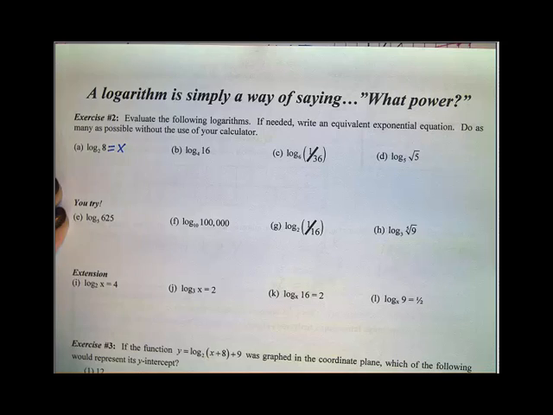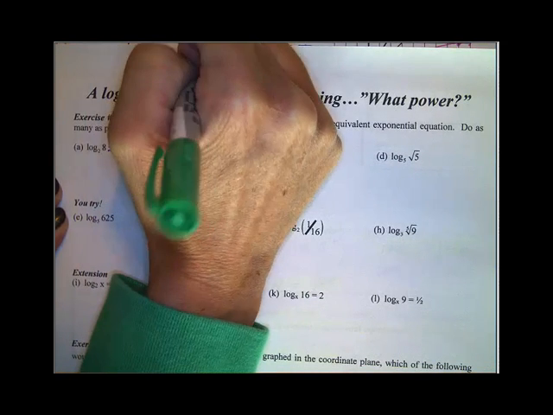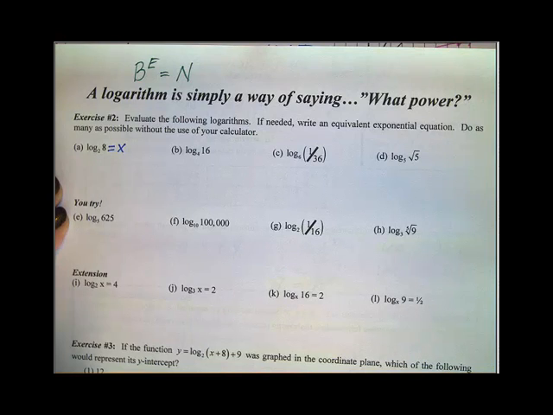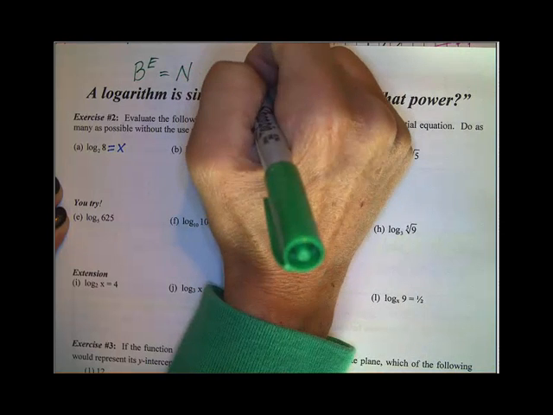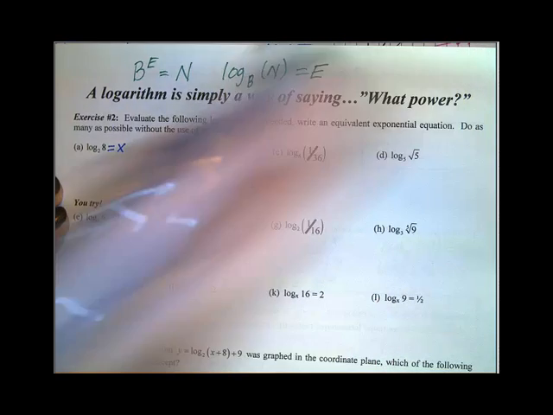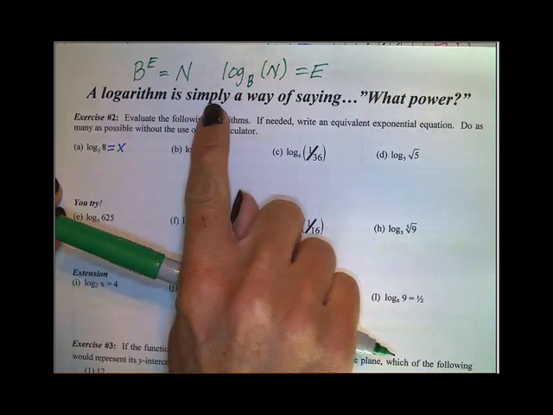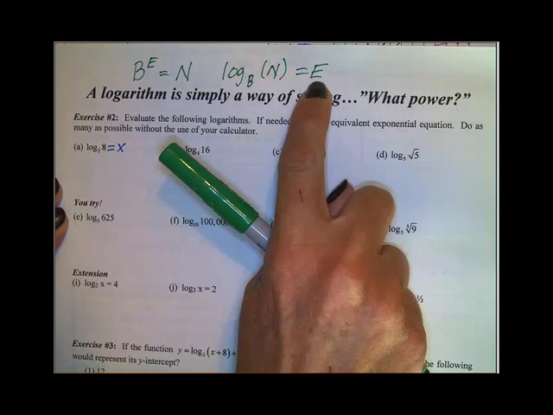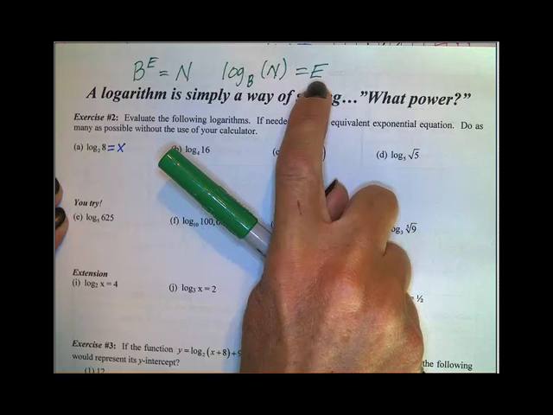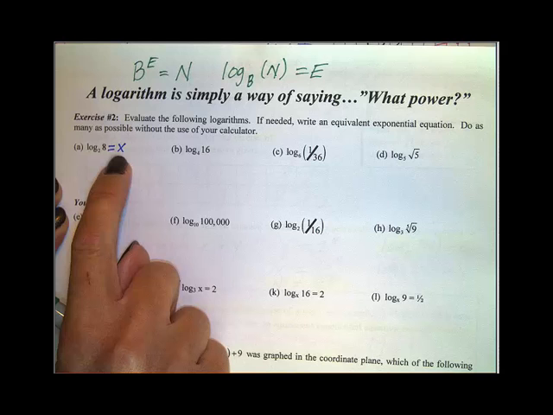Base b to some exponent equals some number. And then log base b of n equals an exponent. So notice a logarithm is simply a way of saying what power. So a logarithm always equals the power or the exponent. So we know x is our exponent.